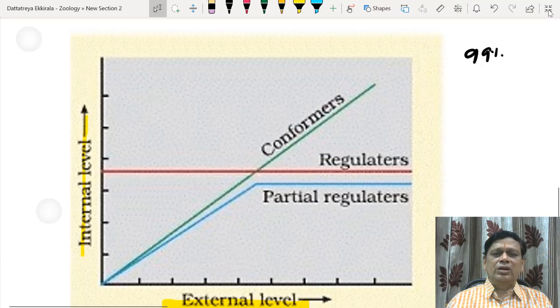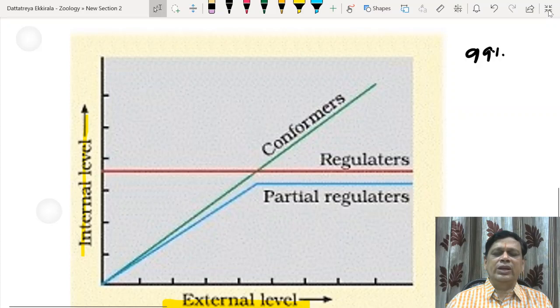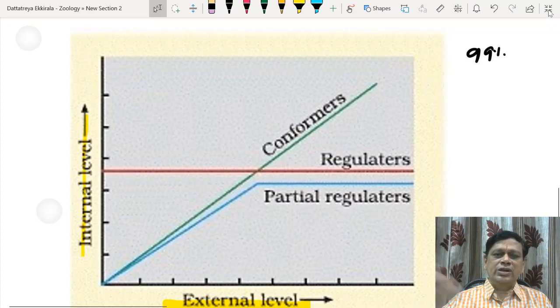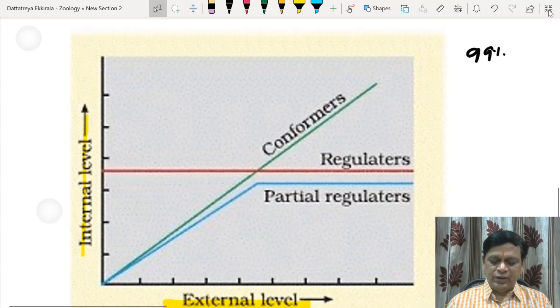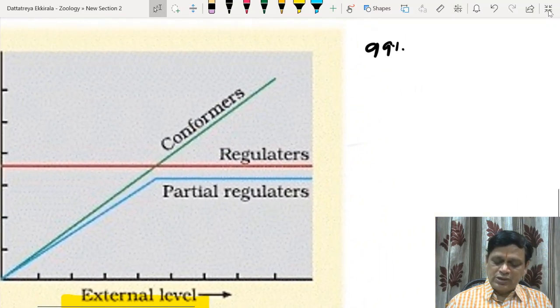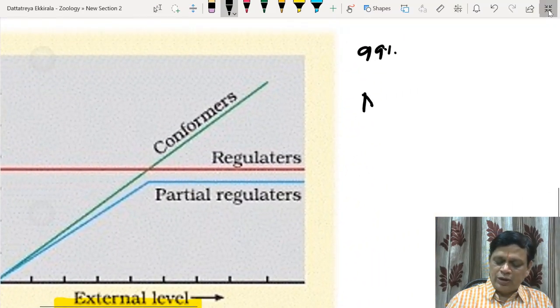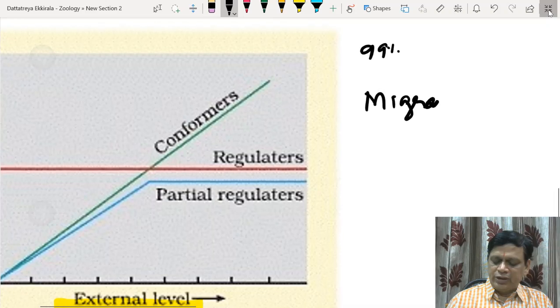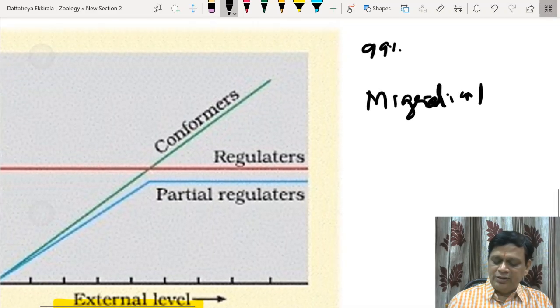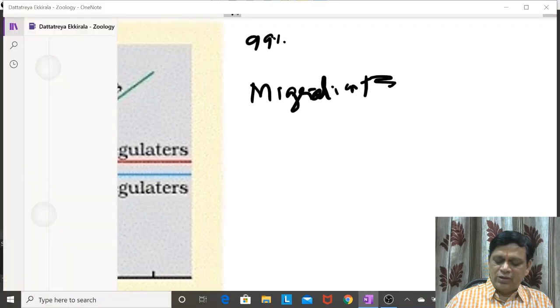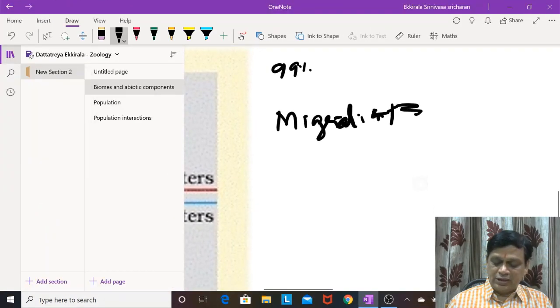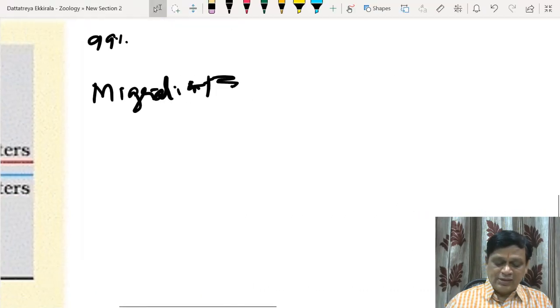When unfavorable conditions are localized to a particular time, then they will start moving to other areas. After conditions return to normalcy, they come back here. So that is migration. So it is described as escape in time.